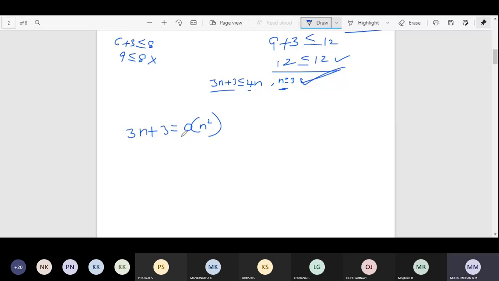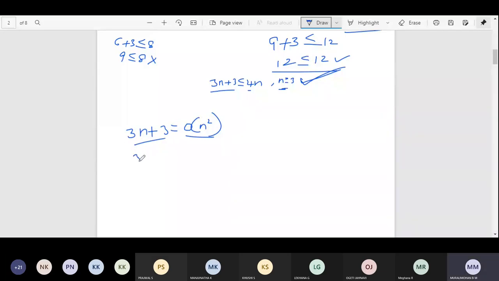There is no mandatory that you should take these values only, but you can take any value such that this should be less than or equal to this one. That is f of n should always be less than or equal to C into g of n. Now can we take this as C?